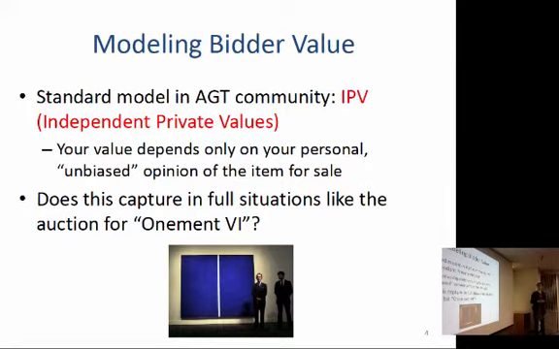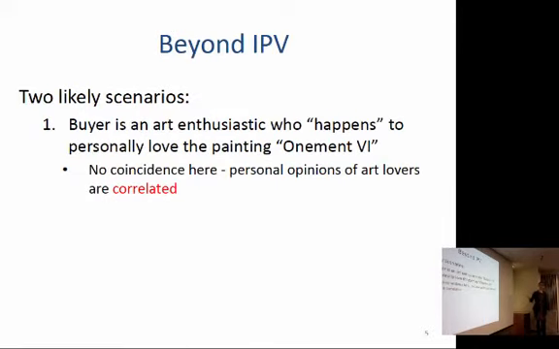In this model, your value depends only on your personal, unbiased opinion for the item for sale. And this model doesn't seem to really capture what's going on behind these high-stake auctions where people bid so much for the item for sale.